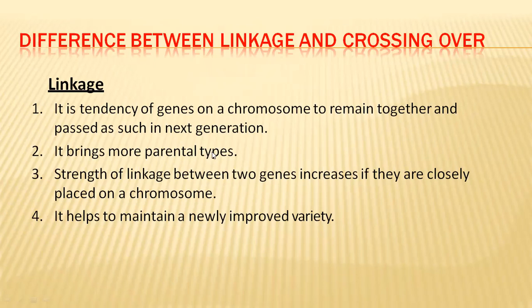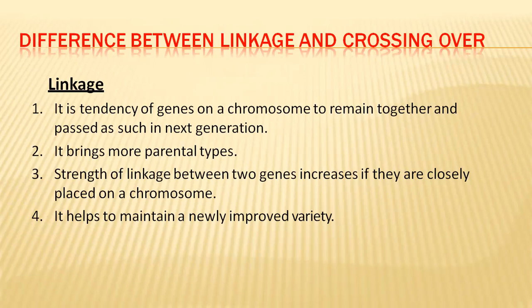More parental types will be seen in the offspring due to this linkage process. And the strength of the linkage between 2 genes increases if they are closely placed on the same chromosome. The strength of the linkage will be very weak when they are placed on the chromosome at very distant places or far away.